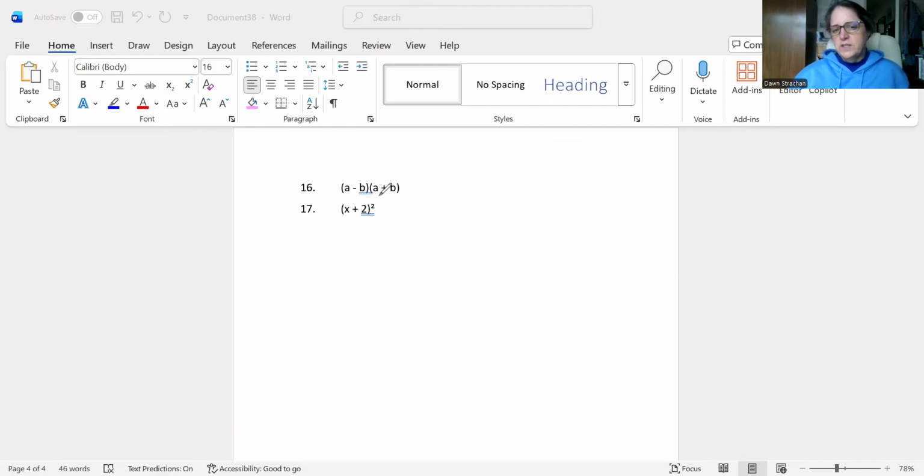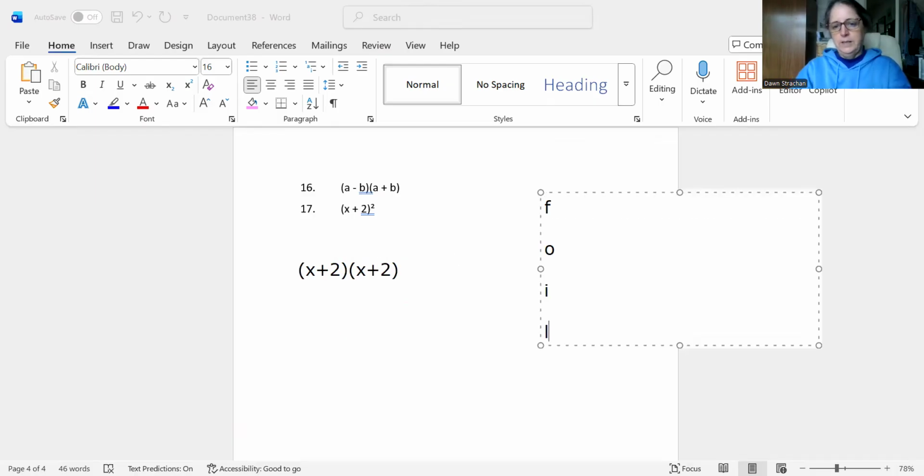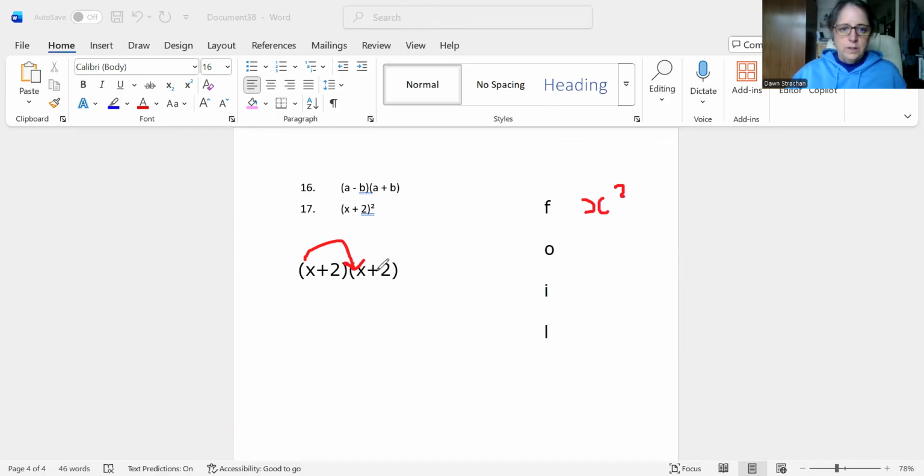It looks like we've got something completely different, but actually all this means is x plus 2 times by itself. So x plus 2 once again. Okay, so let's start the FOIL method. We'll start by going x times x, x squared. Outer, x times 2 gives me 2x.